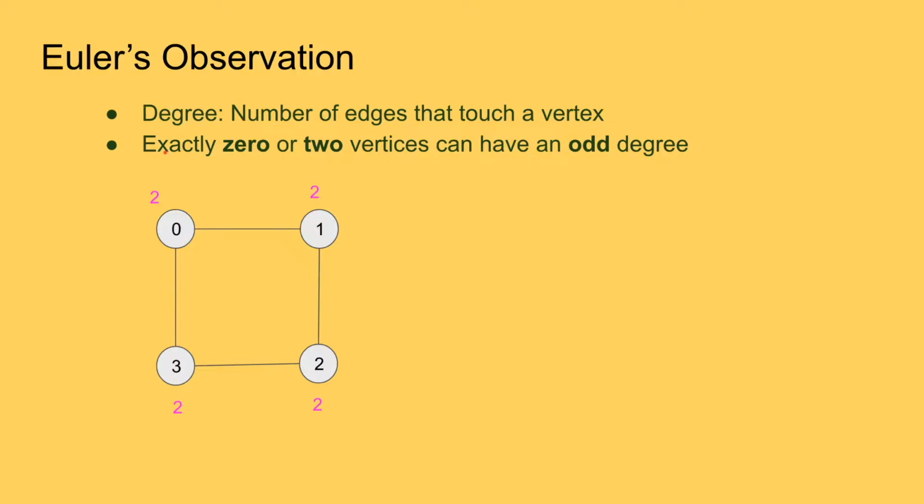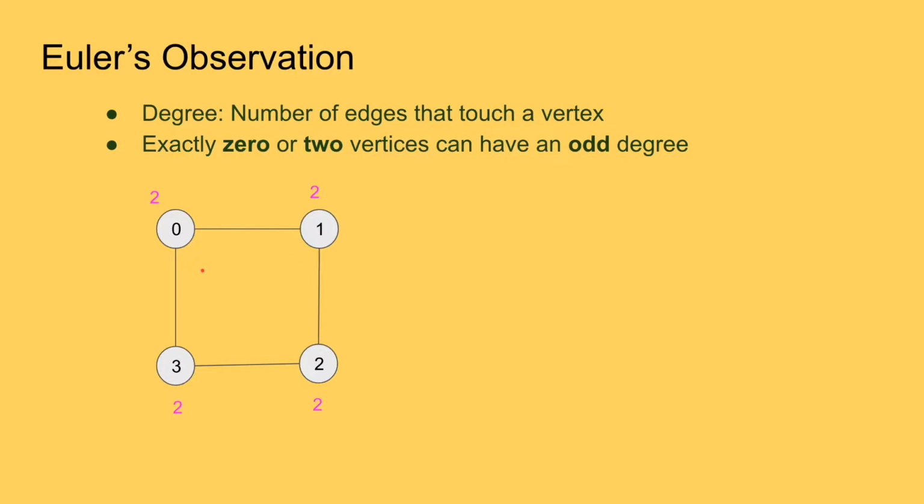And then he observed that with the requirements that we had, never go back and cross all the bridges, the graph should have exactly 0 or 2 vertices with odd degree. Euler observed that in order for the graph to be Eulerian, meaning we can cross all of the bridges exactly once without ever going back or disconnecting the pen from the paper, the graph should have exactly 0 or 2 vertices with an odd degree.